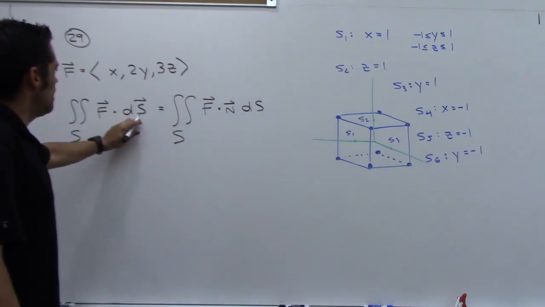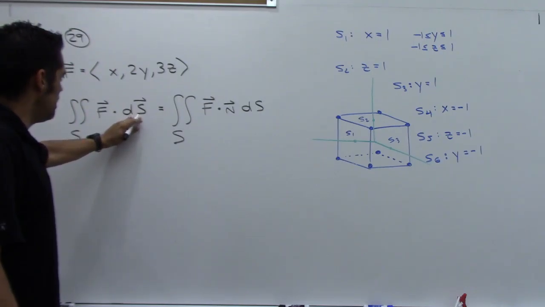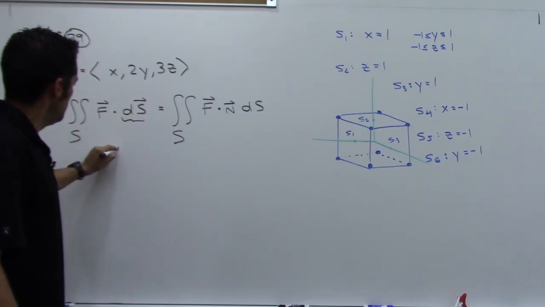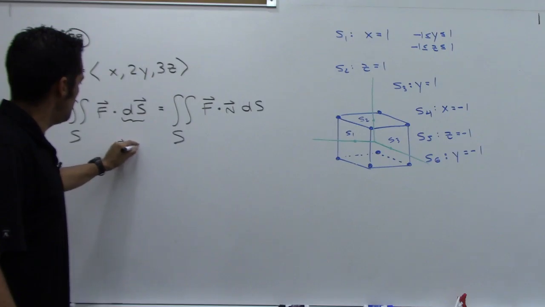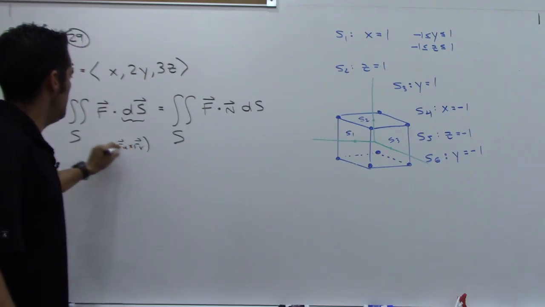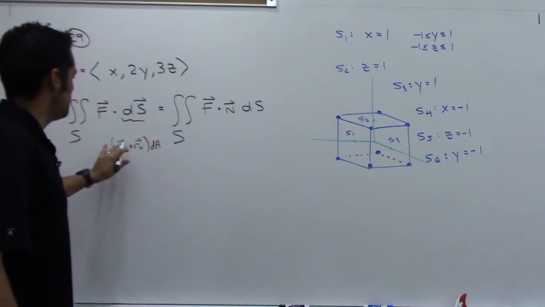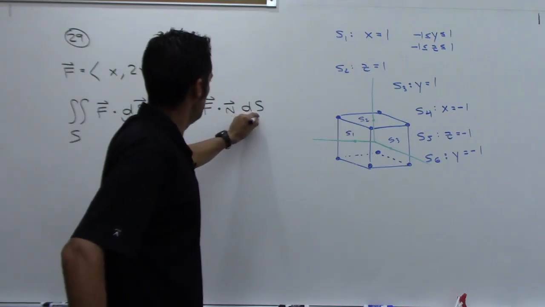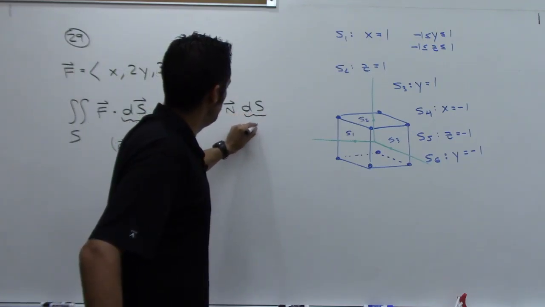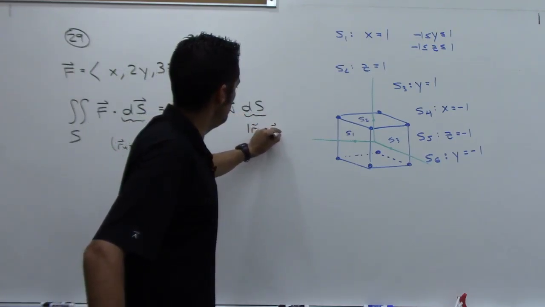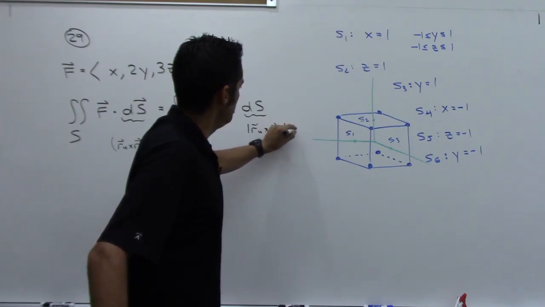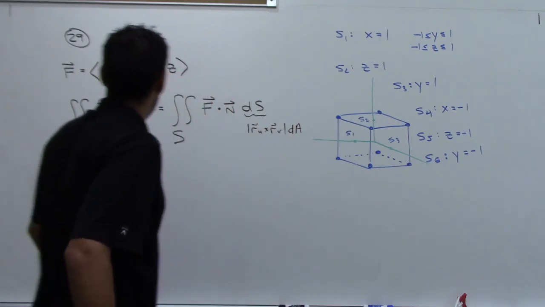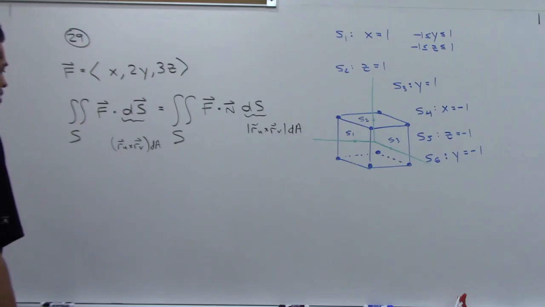And remember what the definition of this was. The definition of this was r_u cross r_v dA. That's what that was. But this is the magnitude of r_u cross r_v dA, right? So there's a difference between those two.